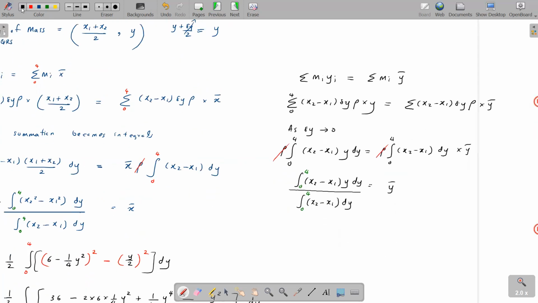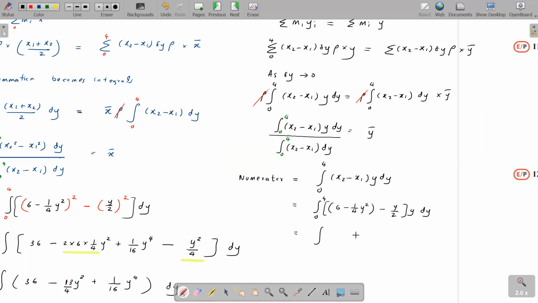All right, guys. So let's get the numerator first. Because the denominator, if you recall, I don't need to find, because I have already found it in the previous part. So I only need to do x2 minus x1 times y dy. So x2 is 6 minus 1 over 4 y square, minus x1, which is y over 2. And the whole thing multiplies with y.